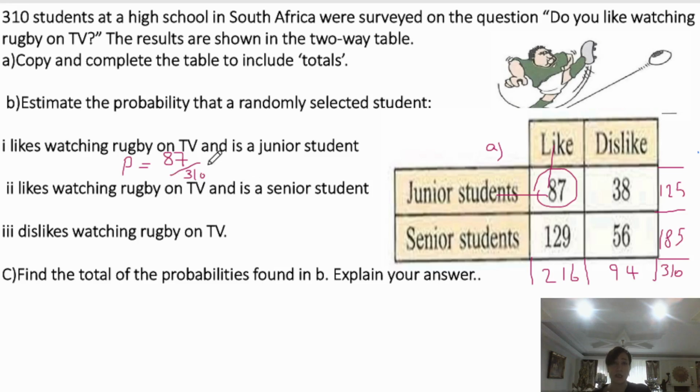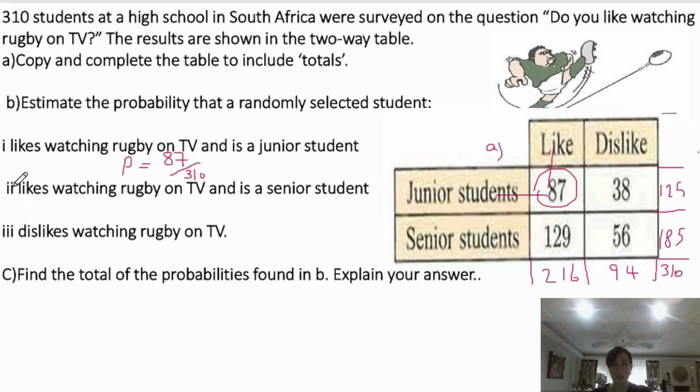So I can pick any of them among 310, all the possible outcomes. The favorable outcome is 87. I want to select a student who likes watching rugby on TV and who is a junior student. So it's 87 students, like and junior, out of 310. The probability is favorable over the total.